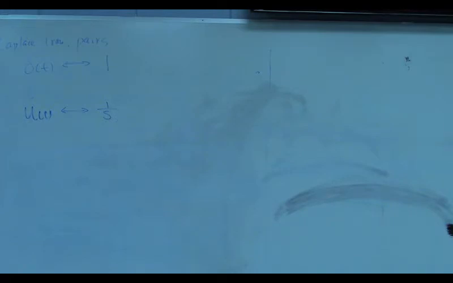Is this reasonable? Let's discuss some physical meaning of this one. You may not like this, but actually this one is very beautiful. Look at this signal in the time domain.